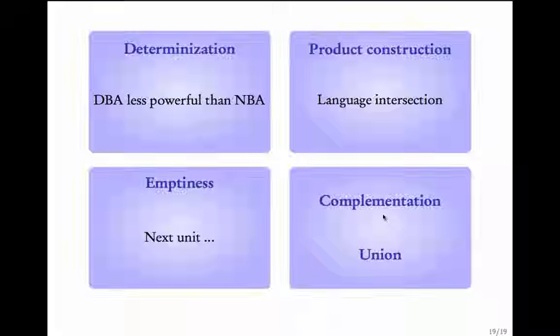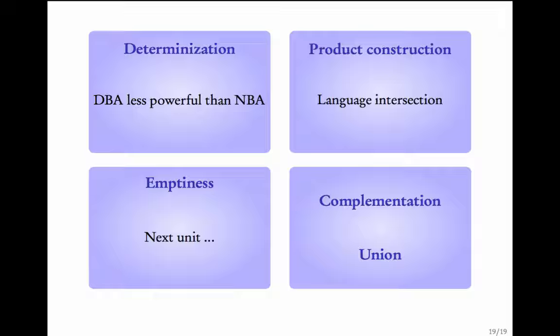Complementation was not very trivial, and we have not seen the exact proof of complementation. Union was the only one where we just did the same thing as before. So this week we have seen ways of handling infinite word languages.